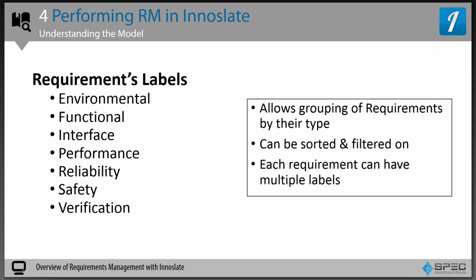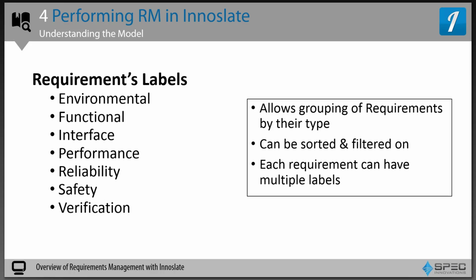One of the other nice things with Innoslate is we have what's called labels. These can be categorizations or groupings of types of requirements. For example, we have environmental, functional, performance, safety, and verification. And really this allows you to start doing sorting and filtering. One of the neat things with Innoslate is that instead of each requirement being in only one bin, we're able to have multiple labels on each requirement.